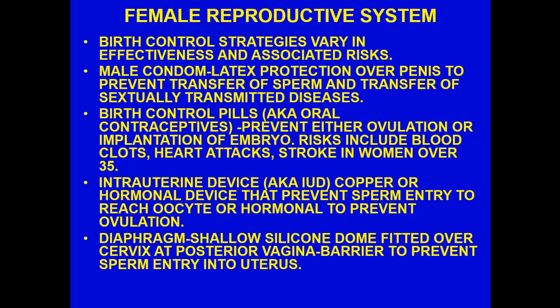Now, let's also talk about pregnancy from the perspective of birth control strategies. They vary in effectiveness and associated risks. Male condom. I should put this in the male reproductive system, but I'm going to put it in here now. It's basically a barrier. It's a latex protection over the penis to prevent the transfer of sperm and the transfer of sexually transmitted diseases.